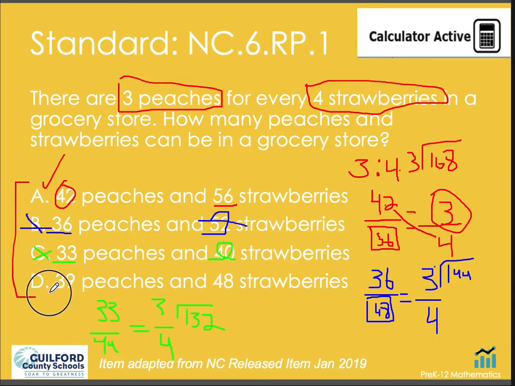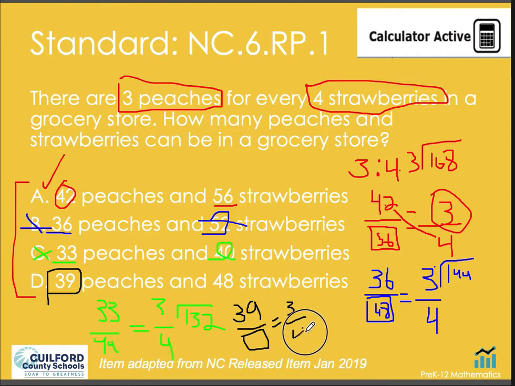I'm going to use black this time for D. And yes, I will spend my time and work this all out, even though I think it's A because that was correct. 39 over a number I'm not sure about is equal to 3/4. Use my calculator. I have 39 multiplied by 4. I want you to pause this video and work this out by yourself because this is good practice.